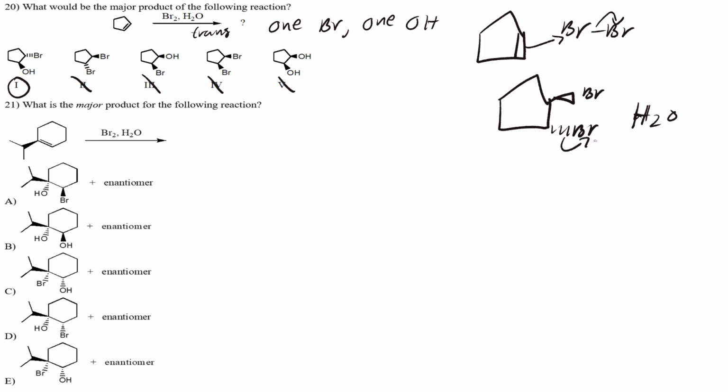Well, let's do it over here, just to make it obvious. This breaks off, goes here. We make a water. And then this hydrogen breaks, and it makes alcohol, and it turns out to be trans. So very cool. There we go.